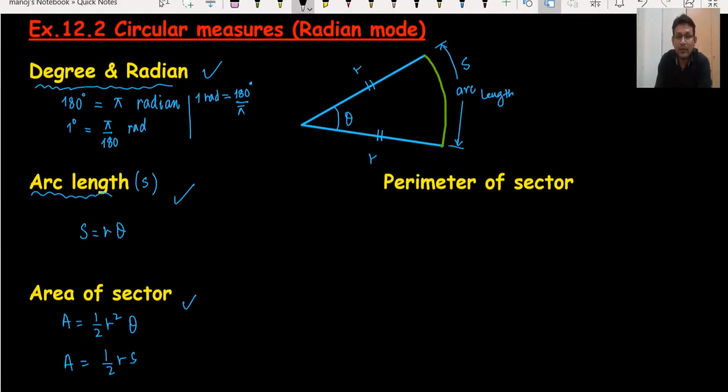So the perimeter of this sector is always equal to 2 times the radius plus the arc length. It is better to just remember it like this. So this was the basic explanation.